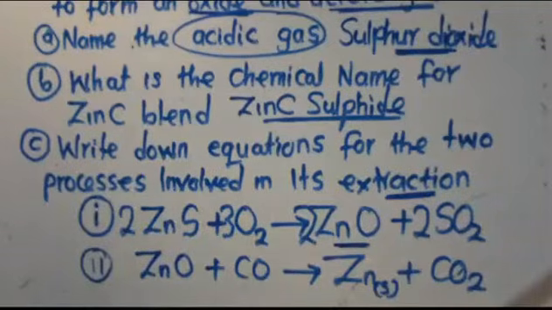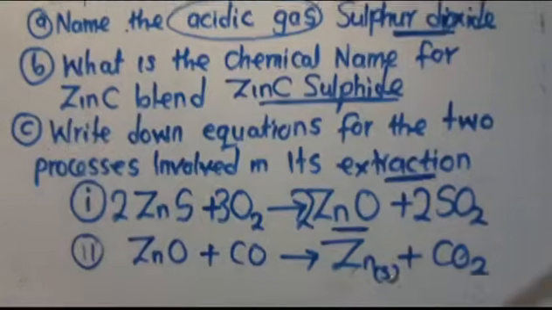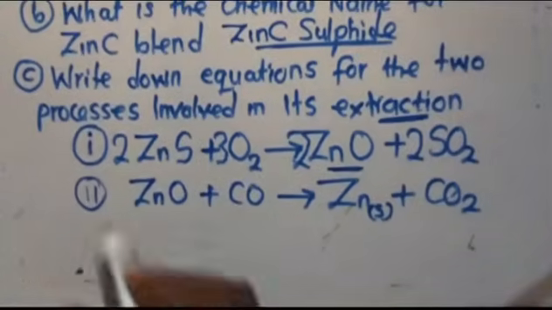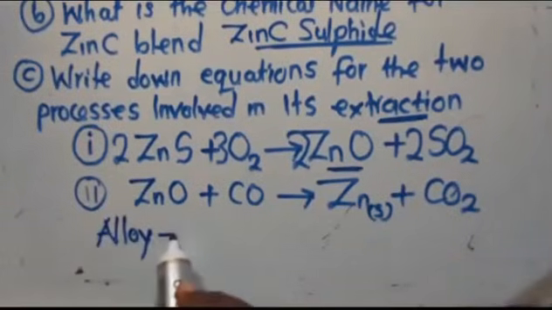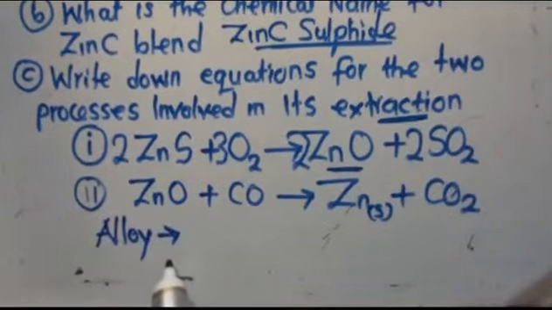The other question is saying, name an alloy containing zinc metal. An alloy that contains zinc metal is what we call brass. I think you've heard of this alloy. By definition, an alloy is a mixture of two or more metals, or a metal with a non-metal.